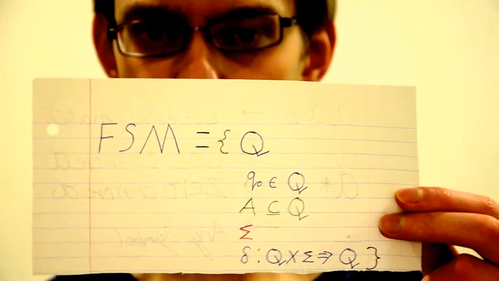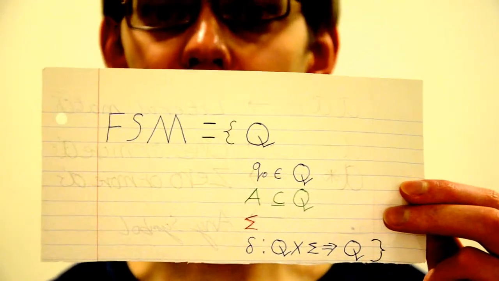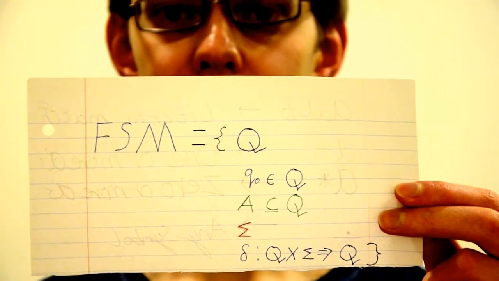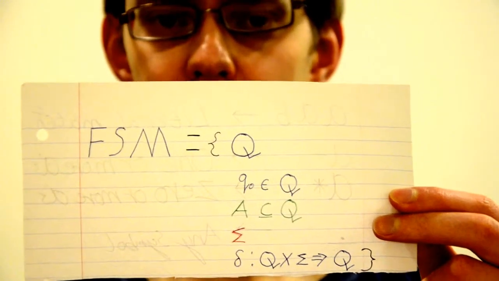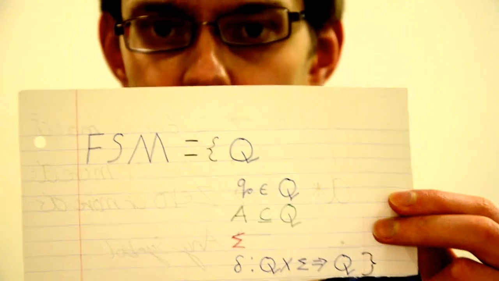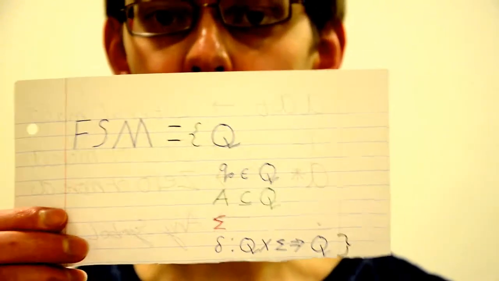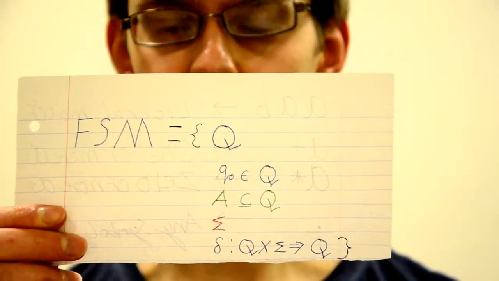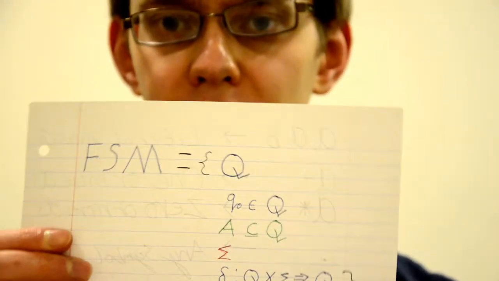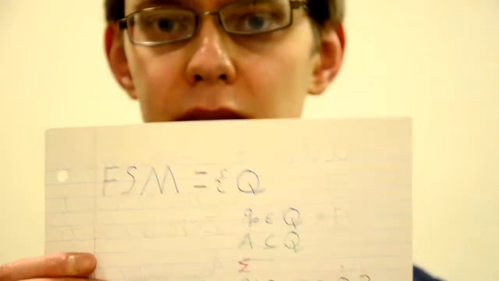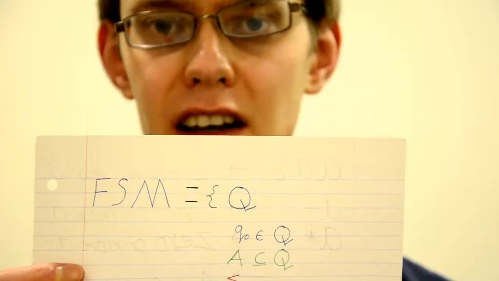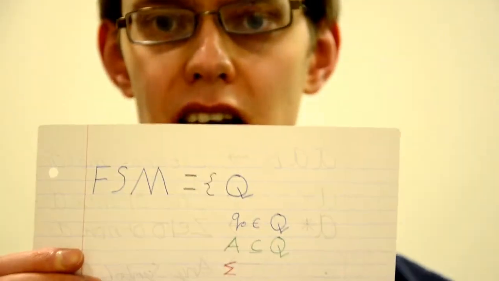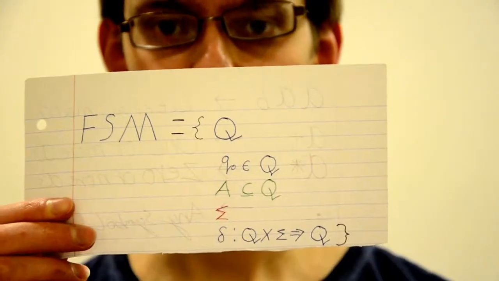Then there is an initial state, which is obviously a member of the total states. Then there are accept states, which are a subset of the total states, and are the points in the automata's execution where it will recognise the pattern within the language that it's been given and accept it.